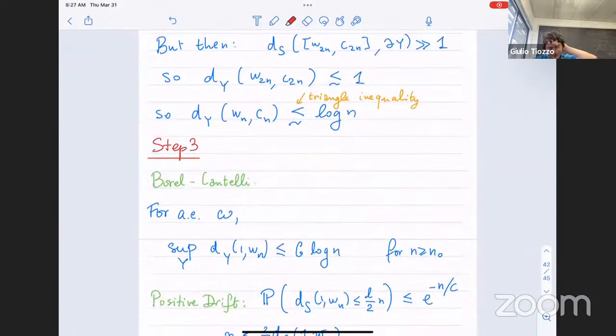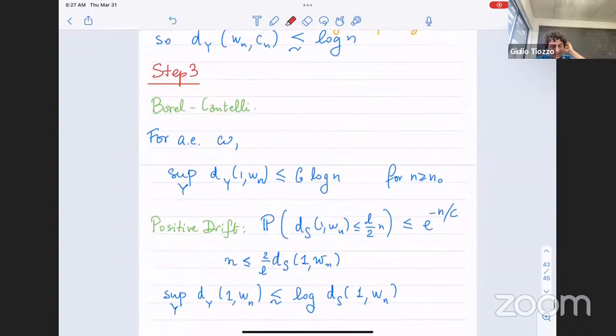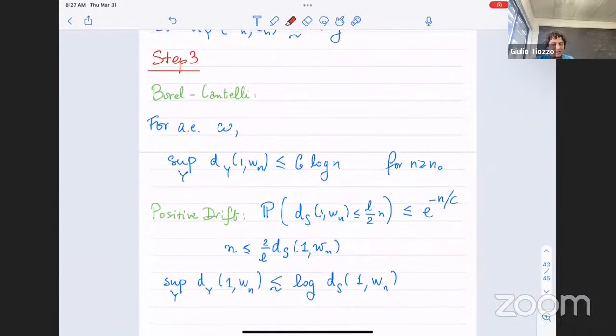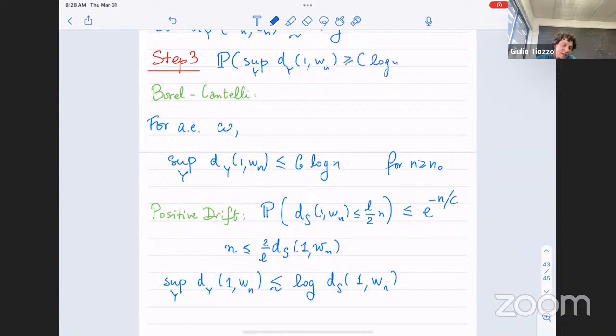Okay, so now there's a trick, I guess this would be step 3. This is a first trick that everybody likes when you apply Borel-Cantelli. So you know that the probability of some event is less than a polynomial, right? So we first knew from the previous step that the probability that the supremum was bigger than C log n was smaller than n to some power.